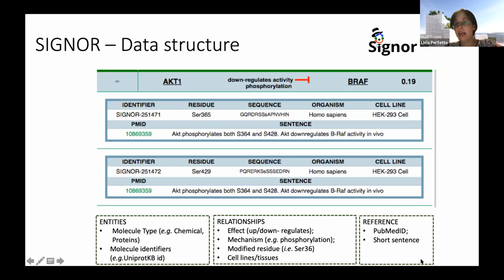And thirdly, we annotate the reference, the literature and the piece of evidence that supports the interaction, for which we provide the PubMed identifier plus a short sentence that summarizes the interaction and should help the user to confirm the interaction.